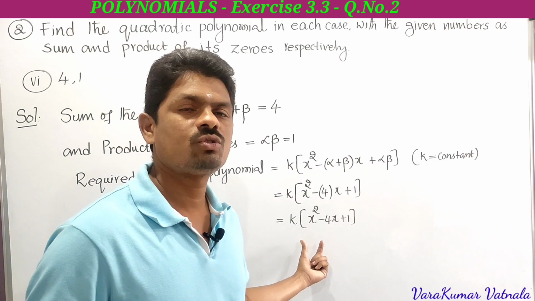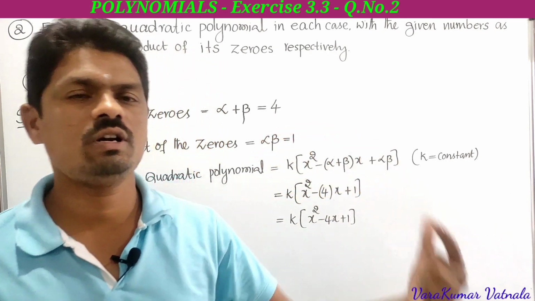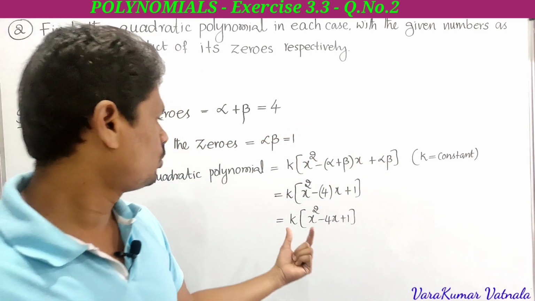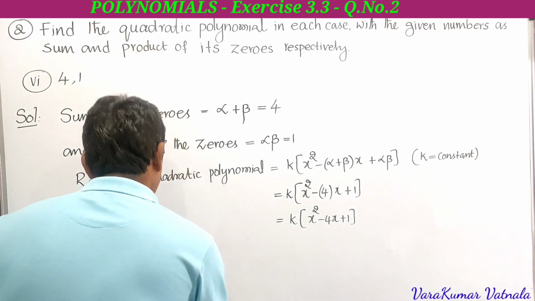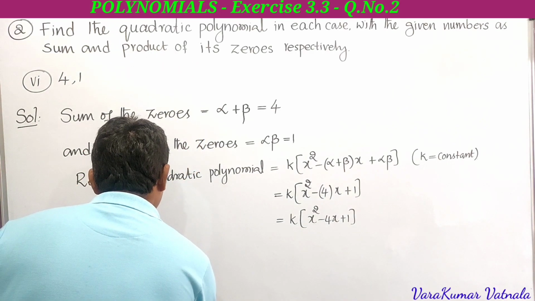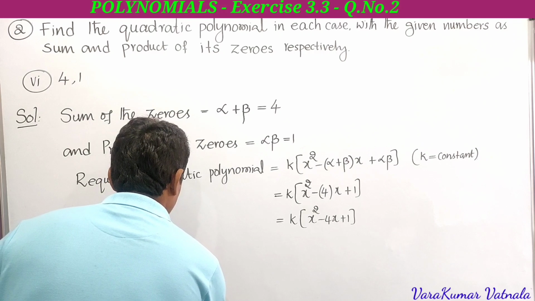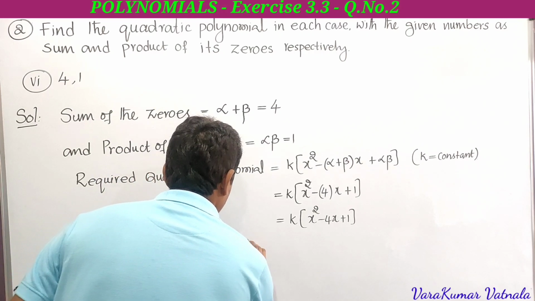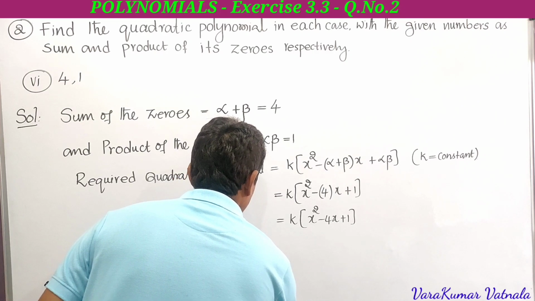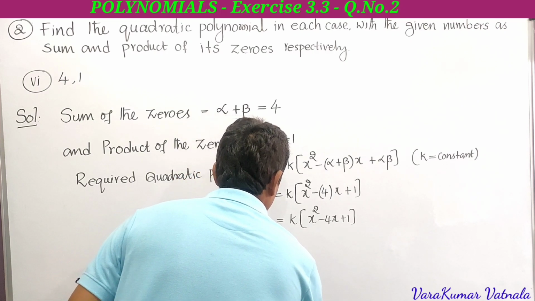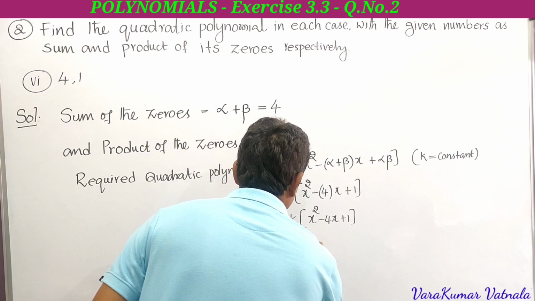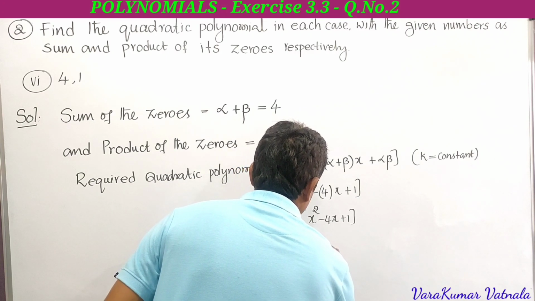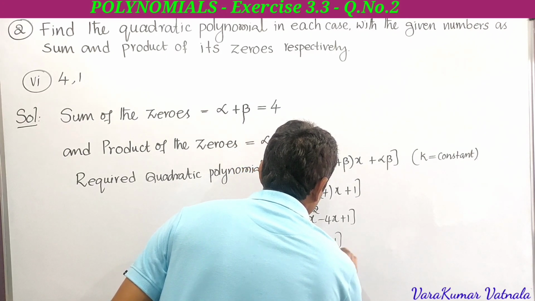For different values of k, we can get different quadratic polynomials. So if k is equal to 1, then the required quadratic polynomial is equal to 1 into x square minus 4x plus 1.